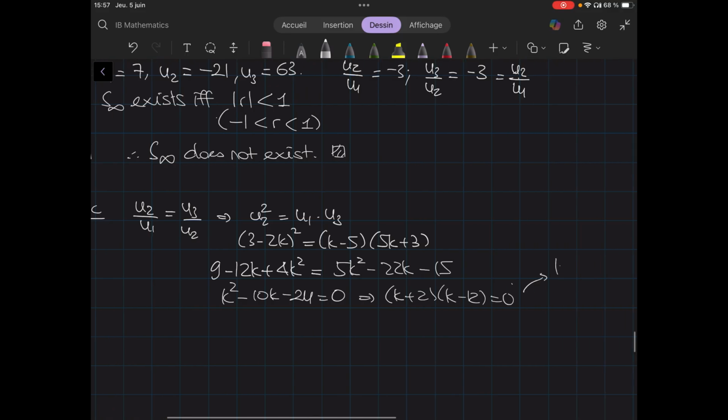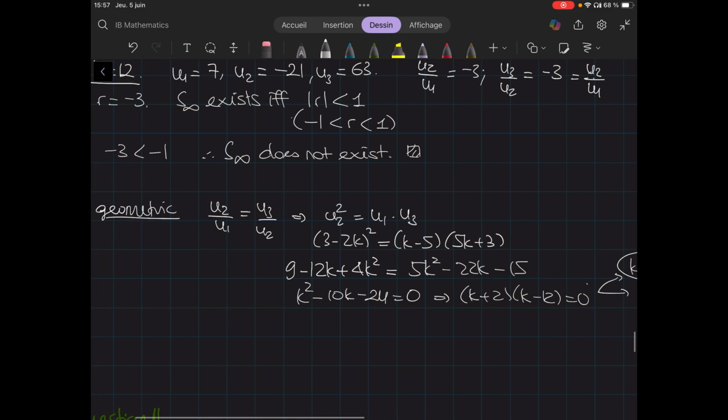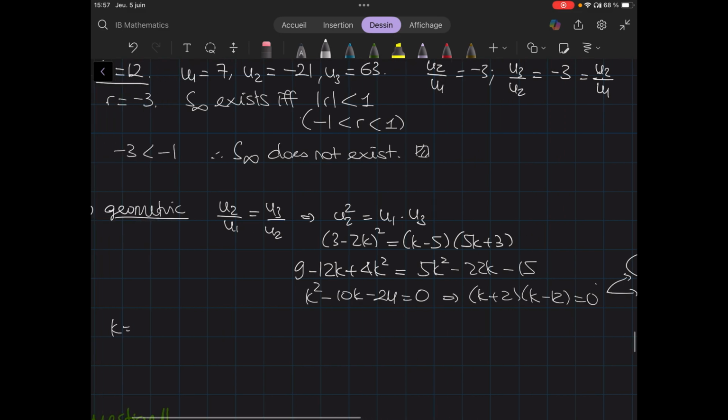So the other value of k is negative 2. If k is equal to negative 2, the three terms are consequently negative 7, 7, and negative 7.